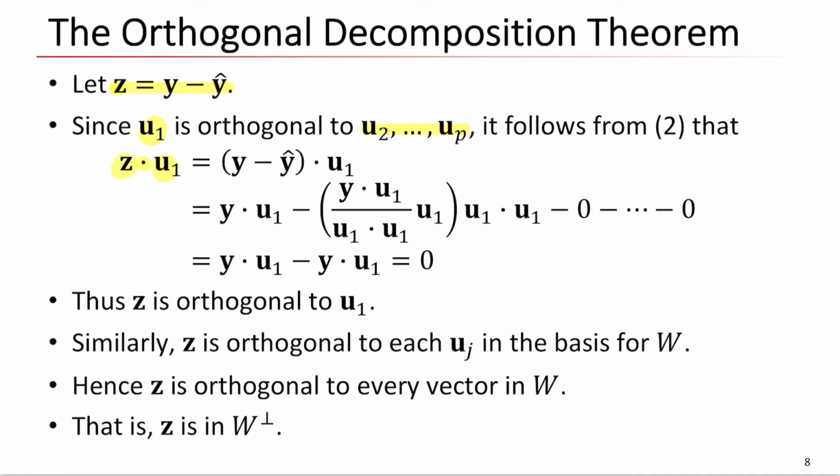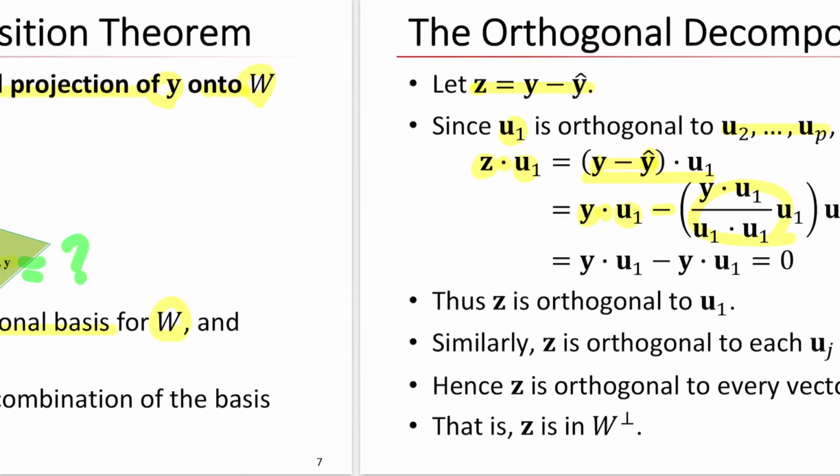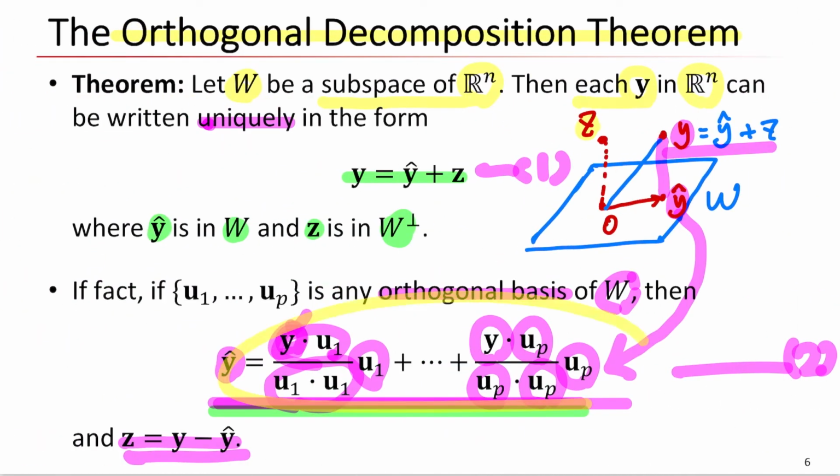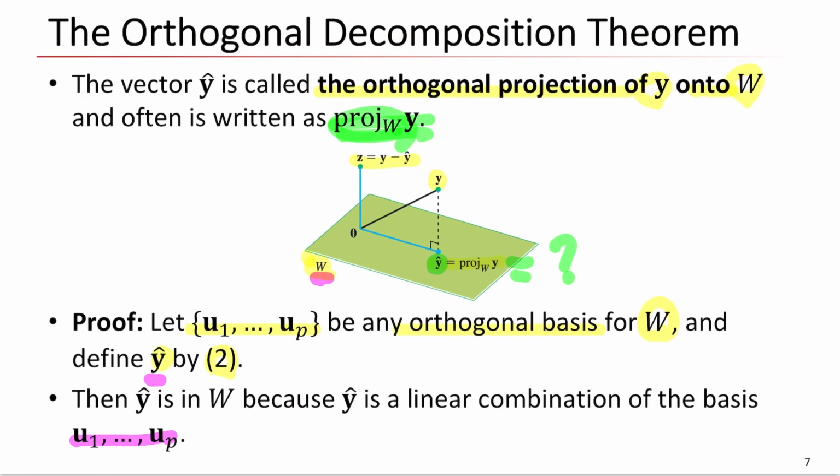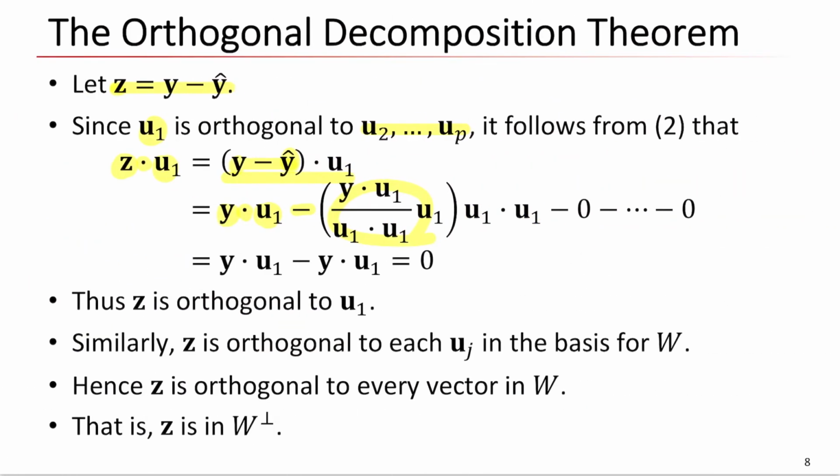Because z is equal to y minus y hat, when we derive this, it is y inner product u1 minus this term, because y hat was something like this. If you compute this term separately, this is the first term, and the remaining terms will be 0.